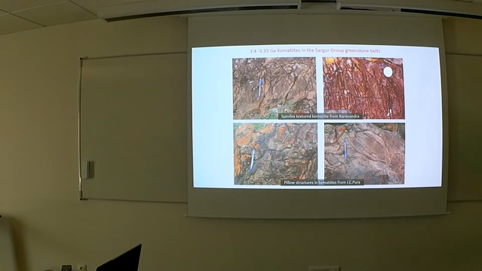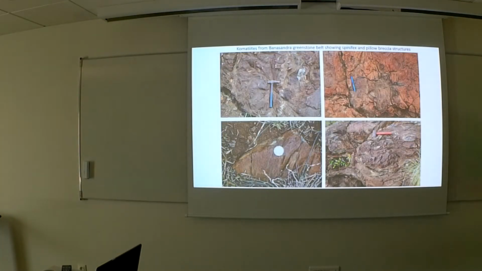They are very rich in MgO, some of them 43%. So we have the spinifex texture, and these are the pillows. They form pillow breccias or flow-top breccias. They are very well preserved here, in the different greenstone belts, mostly pillow breccias or flow-top breccias.